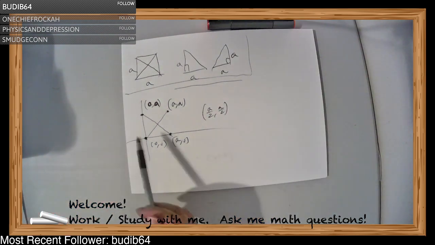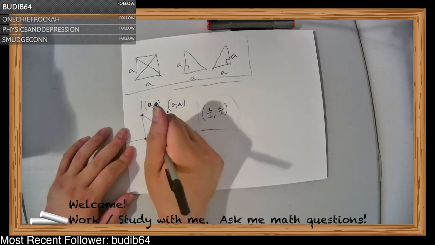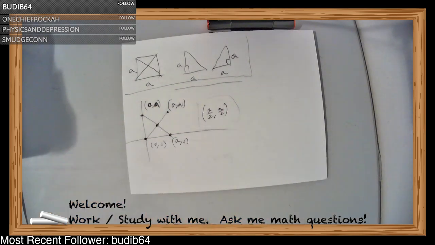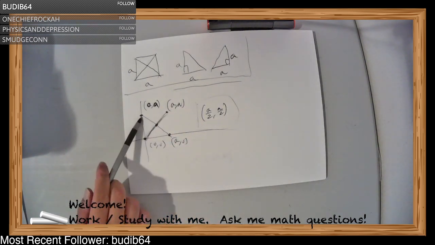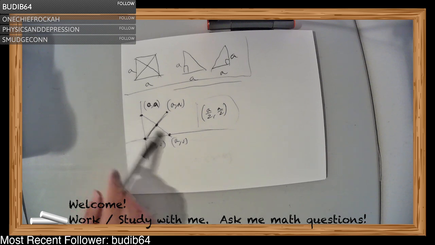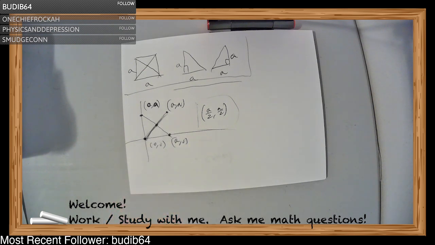The midpoint of (0, 0) and (a, a) is again (a/2, a/2). So it turns out that this is the midpoint of both this diagonal and that one. A nice proof. This also means the diagonals are the same length.